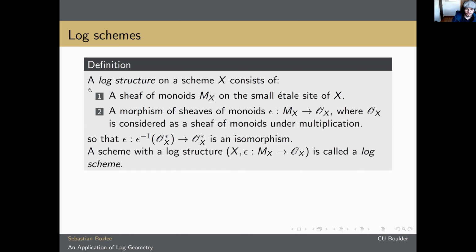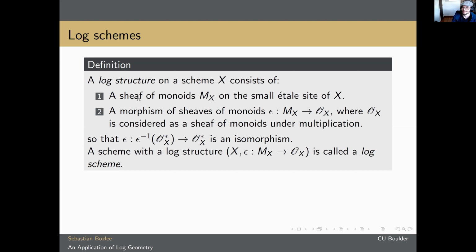A log structure on a scheme consists of a sheaf of monoids. Remember, monoids are those things which are like groups, but you don't necessarily have inverses. You do have an identity. And since we're doing algebraic geometry, we're going to ask that these are commutative monoids, but be too lazy to say commutative. A sheaf of commutative monoids.